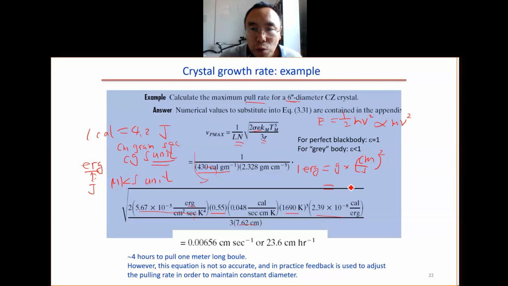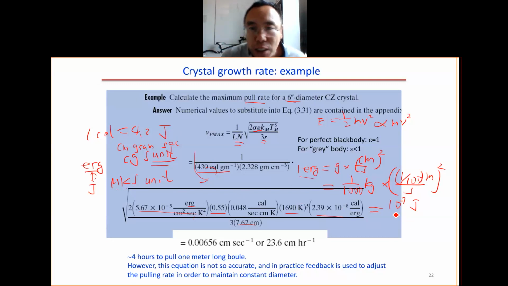So this is equal to 1 over 1,000 kilogram times 1 over 100 meter per second squared. So 1 centimeter equal to 1 over 100 meter, and 1 gram equal to 1 over 1,000 kilogram. Then we have totally 10 to the power minus 7 joule. So you can see, 1 calorie equal to 4.2 joule, and 1 erg equal to 10 to the power minus 7 joule.